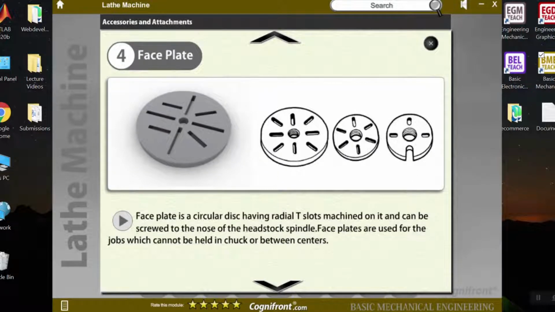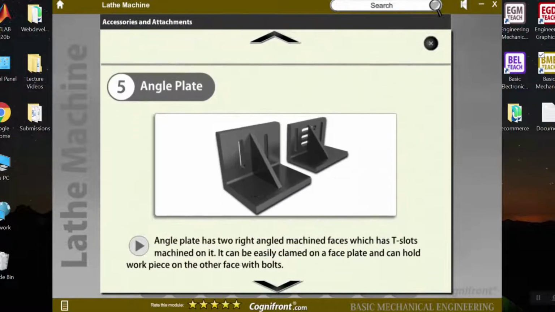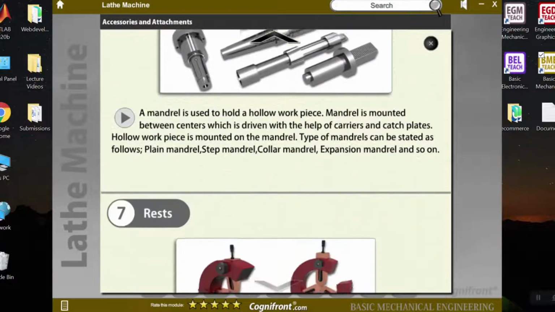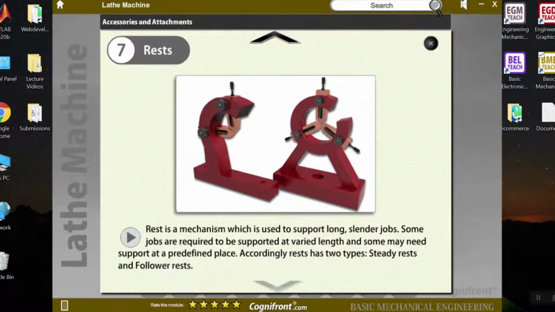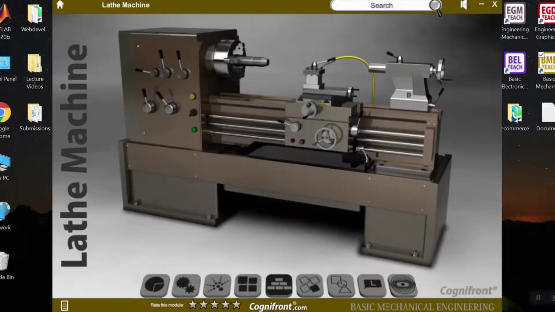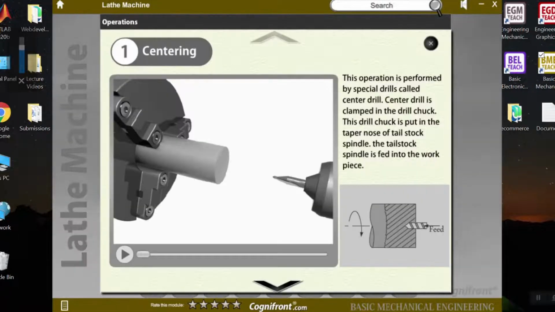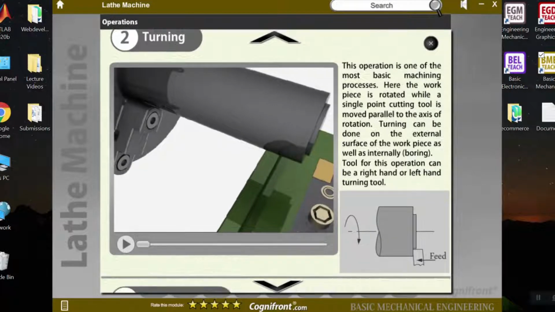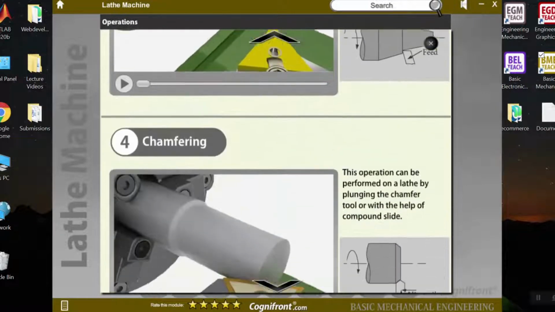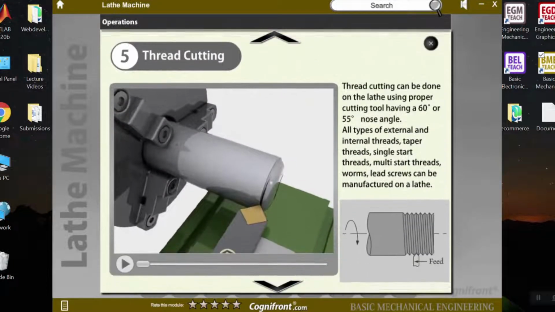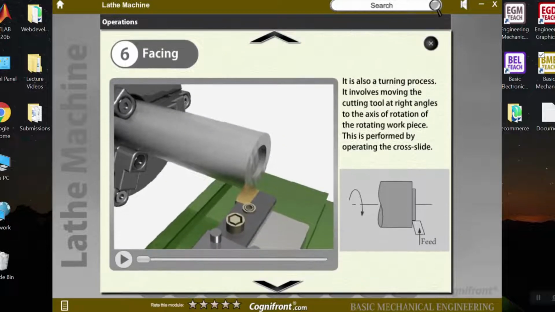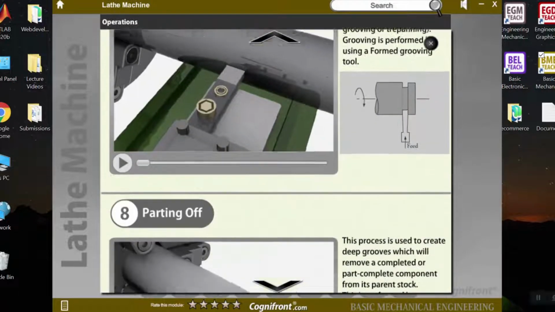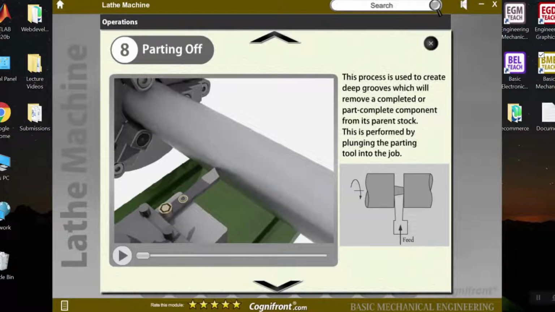Similarly, a face plate, angle plate, mandrel, rest. Next we have the operations. Here there is a video of every operation, be it the centering operation, turning operation, taper turning operation, chamfering operation, thread cutting operation, facing operation, grooving operation, parting off operation.